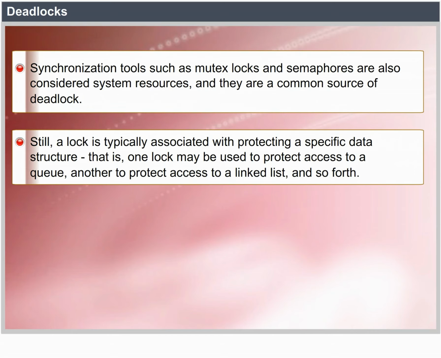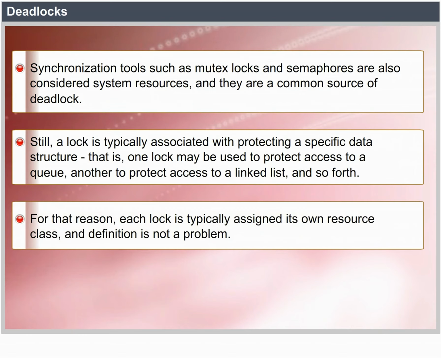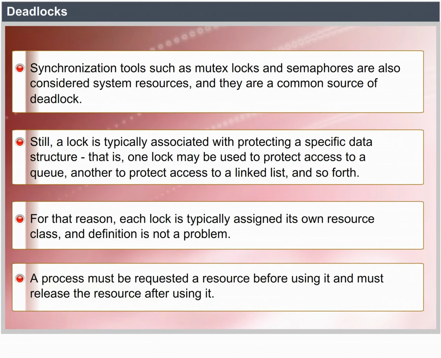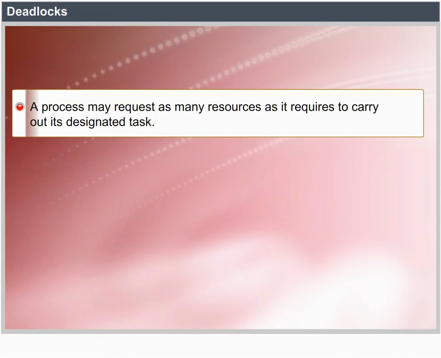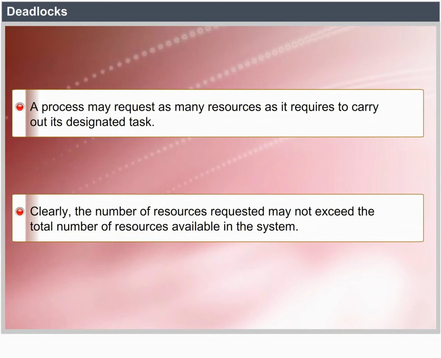For that reason, each lock is typically assigned its own resource class, and definition is not a problem. A process must request a resource before using it and must release the resource after using it. A process may request as many resources as it requires to carry out its designated task. Obviously, the number of resources requested may not exceed the total number of resources available in the system.